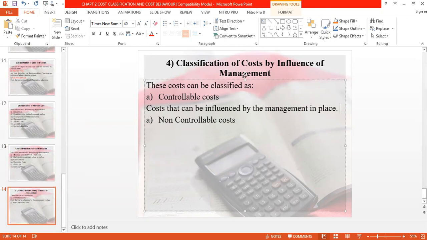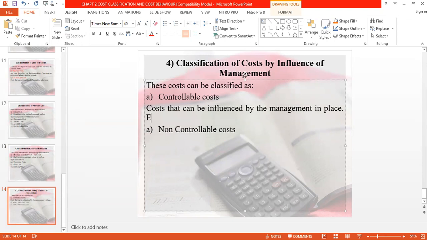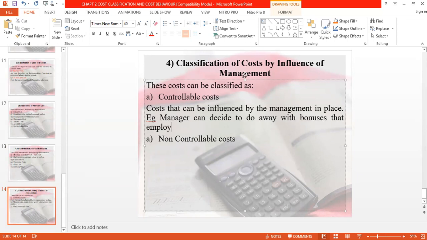Costs that can be influenced by the management in place. For example, a manager can decide to do away with bonuses that employees receive, or reduce the amount of bonus that employees receive.